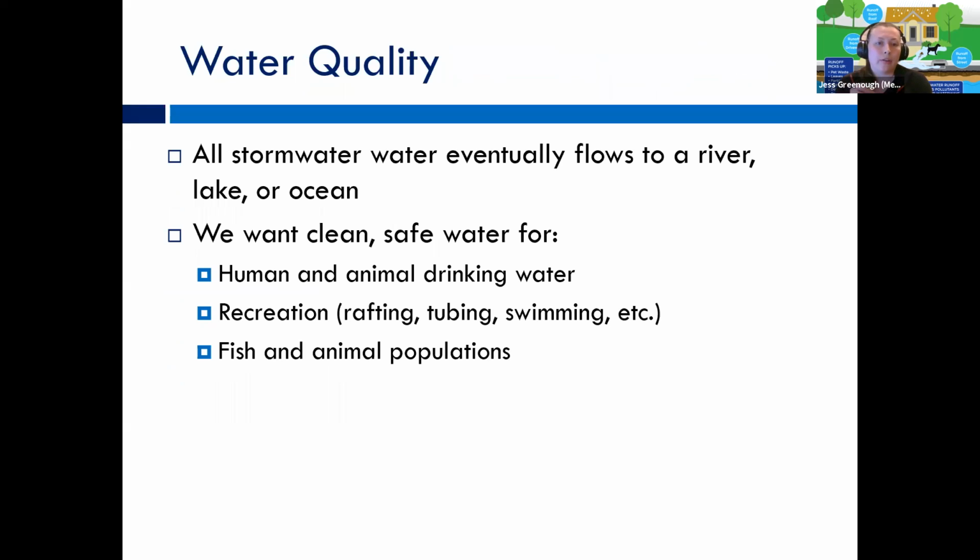And so the other factor with stormwater that we really want to consider is the quality of that water. When we're in a developed area, an urban area, there's all kinds of stuff that can get into that water, and it doesn't matter where you are. Water is eventually going to be flowing to a river, a lake, the ocean, somewhere like that.